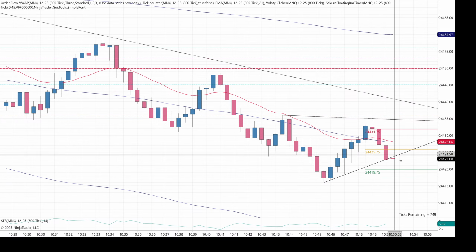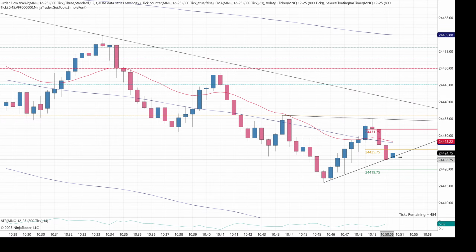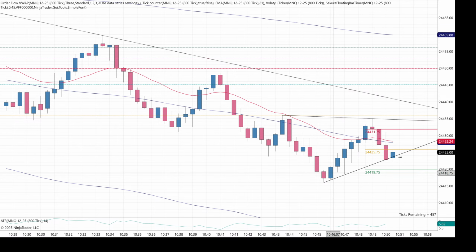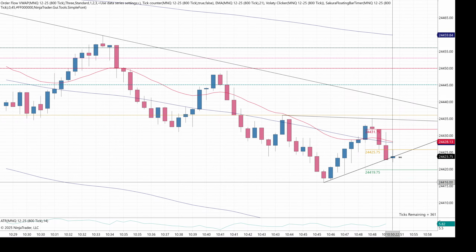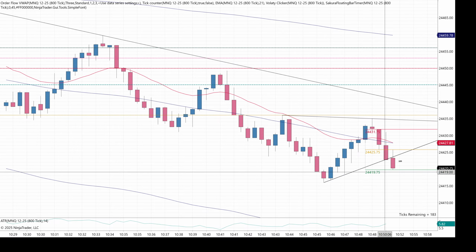Okay, it looks like it wants to do it. But it is bouncing off this area here, so. Sellers are in control. Okay, it hit target.